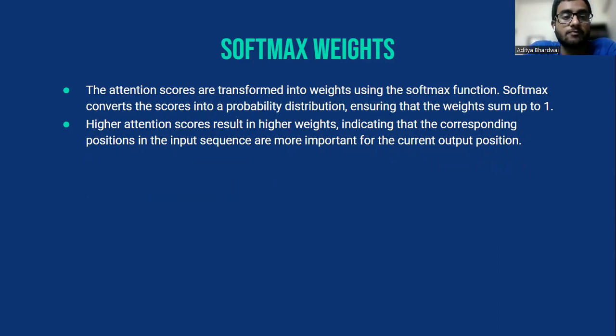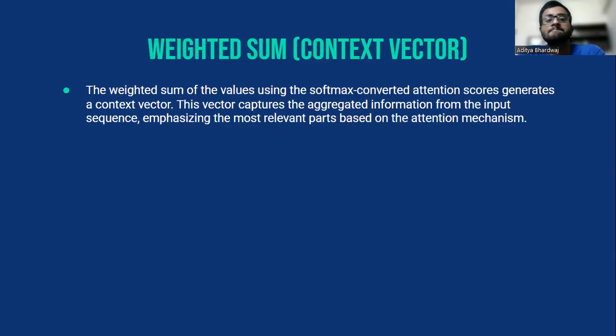Softmax converts the scores into a probability distribution, ensuring that the weights sum up to 1. Higher attention scores result in higher weights, indicating that the corresponding positions in the input sequence are more important for the current output positions.